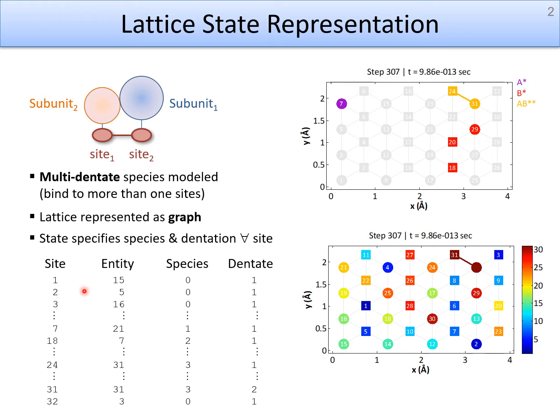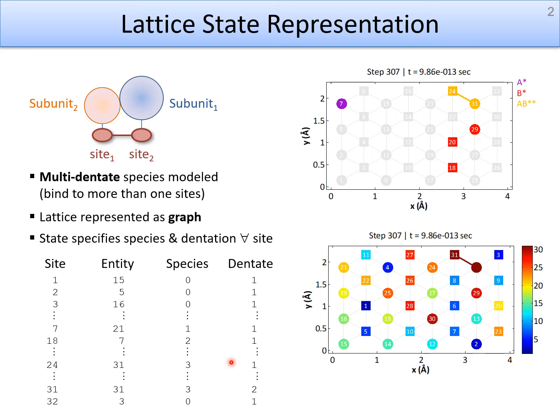If we go into our state array, site 24 is covered by entity 31. Site 31 is also covered by entity 31. So this is entity 31. This allows us to tell that this site and this site are both covered by the same entity. So this is the first column, the entity number.